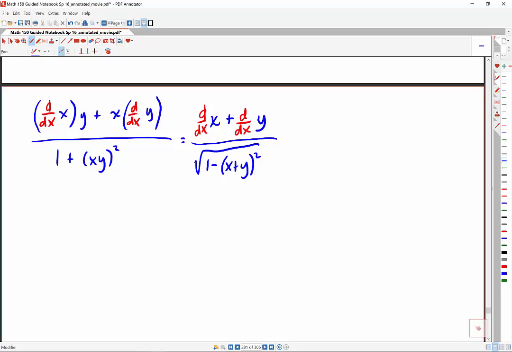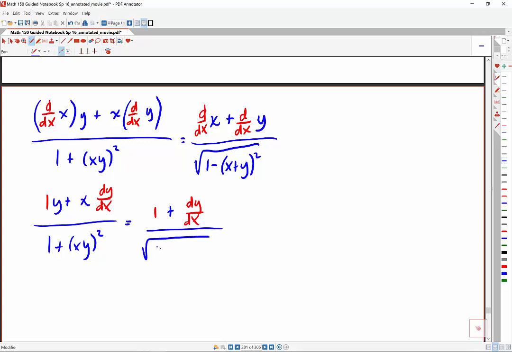Okay, so now completing these derivatives, we'll have 1 times y plus x times dy/dx, all over 1 plus xy, the quantity squared, is equal to 1 plus dy/dx, and that's going to be all over the square root of 1 minus quantity x plus y squared.